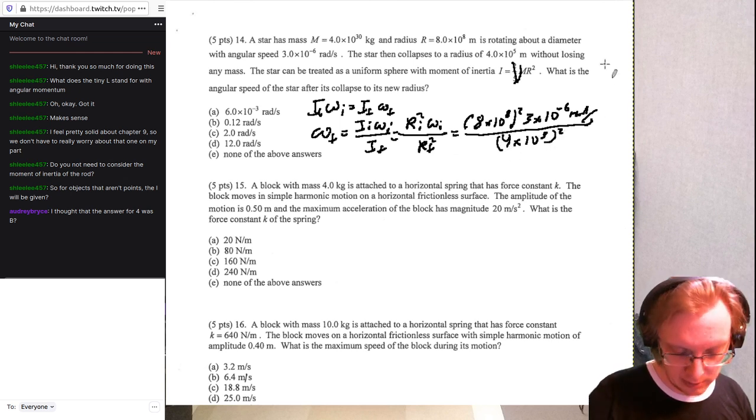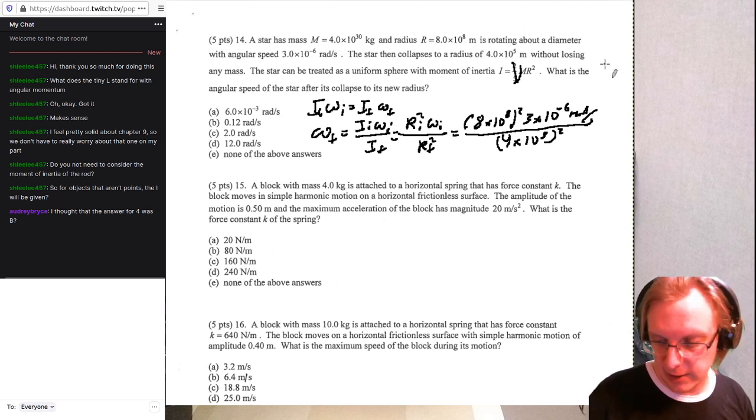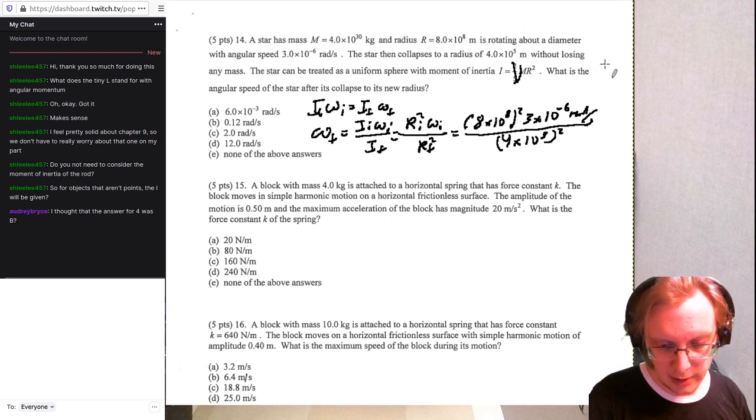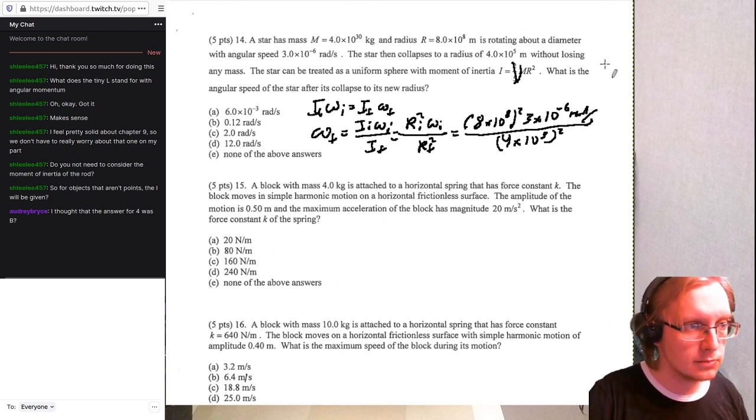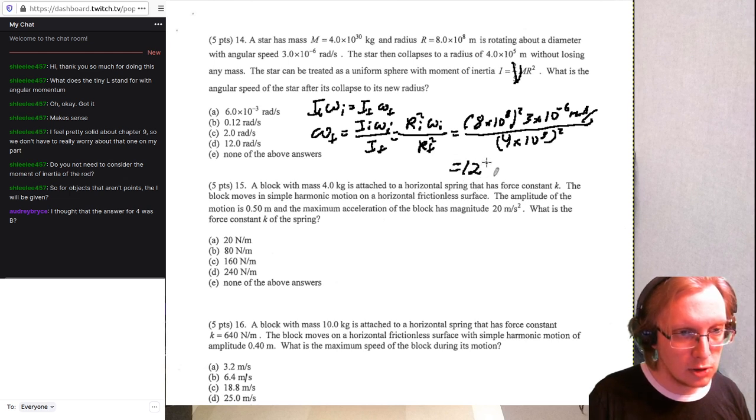At least I'm talking about this out loud because that is terrible handwriting. Clear all that. 8 squared times 3e minus 6 divided by begin 4e5 end squared. Execute. 12 rads per second.